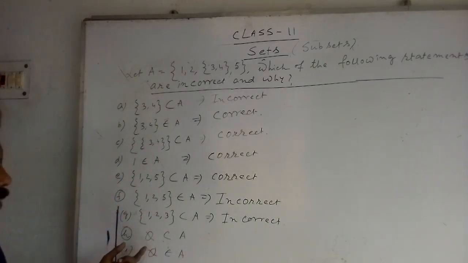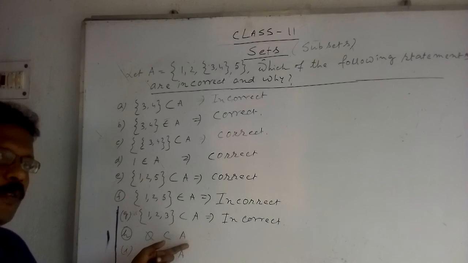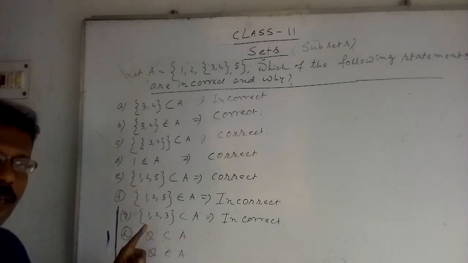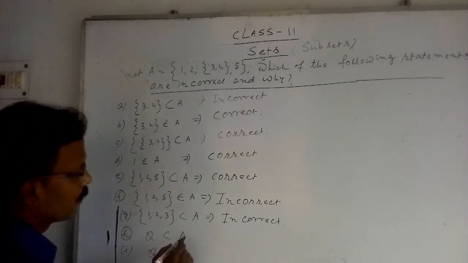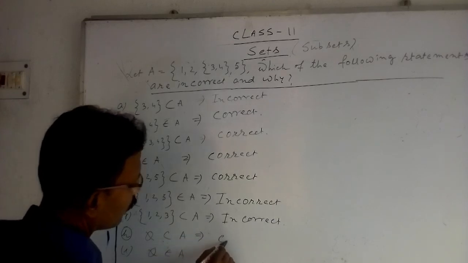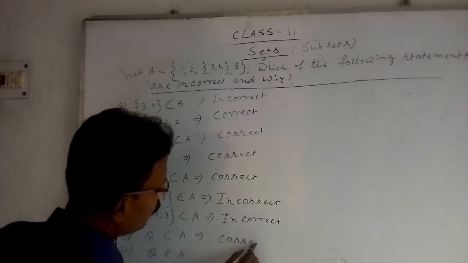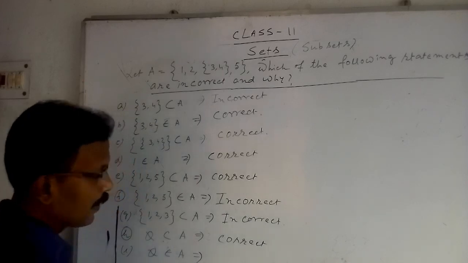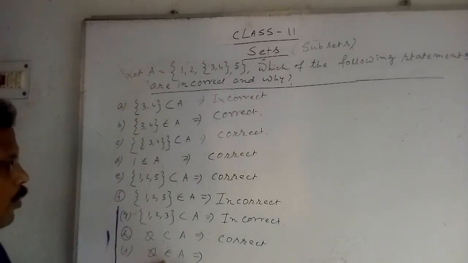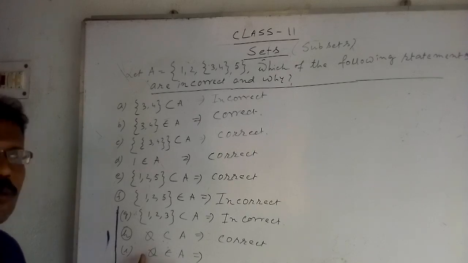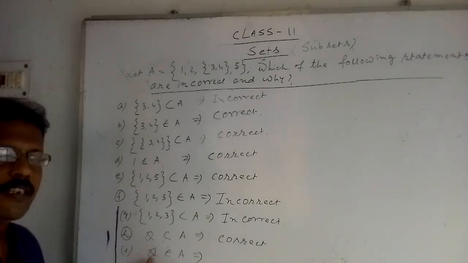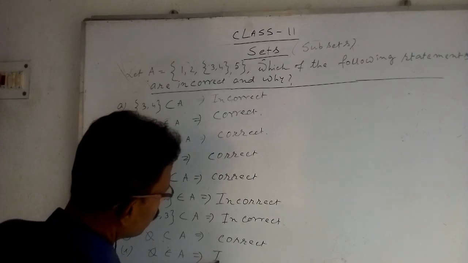Now this is the null set. The null set, or empty set, is a subset of every set. Therefore this is a correct statement. And the last statement is null set belongs to A. Again you cannot put the belongs to sign between two sets. Therefore this is an incorrect statement.